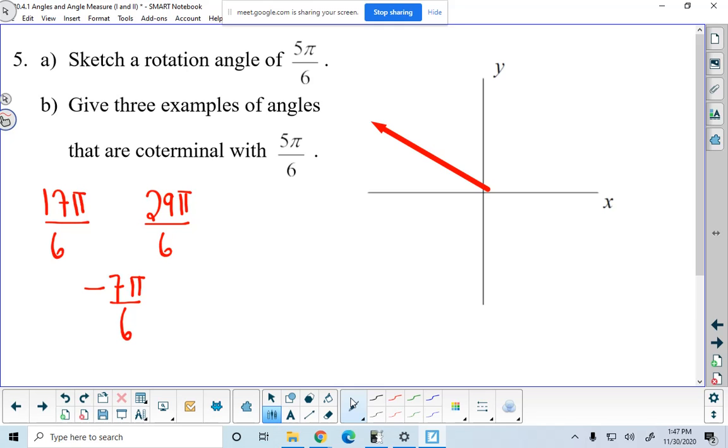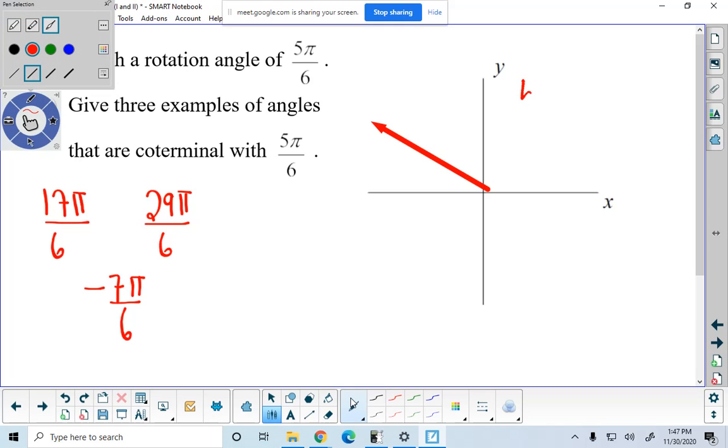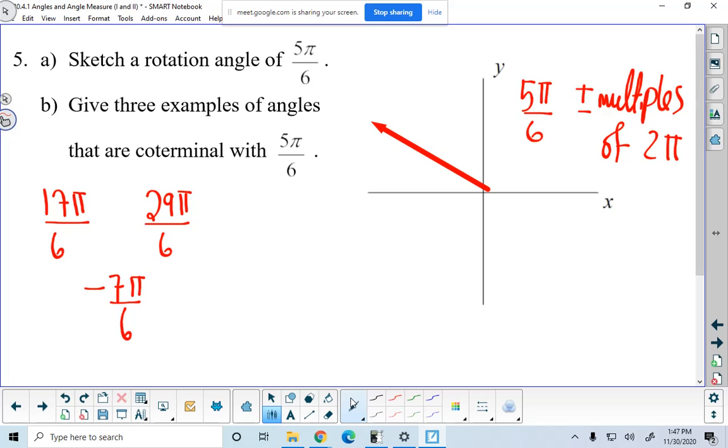The bottom line is that we need to take 5 pi over 6 and add or subtract multiples of a full revolution. And a full revolution is 2 pi. But 2 pi is 12 pi over 6.